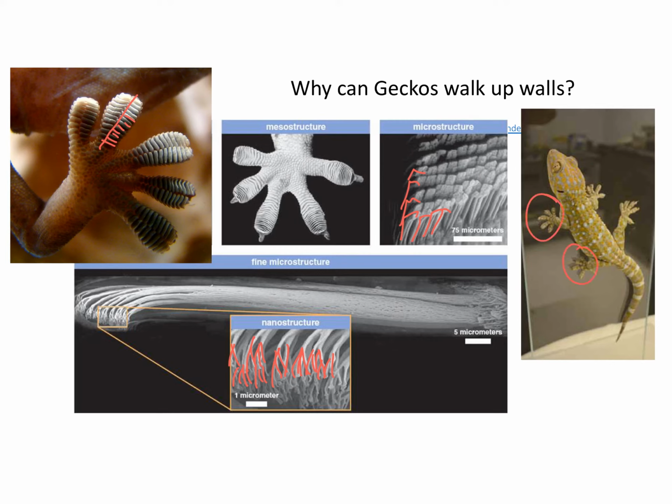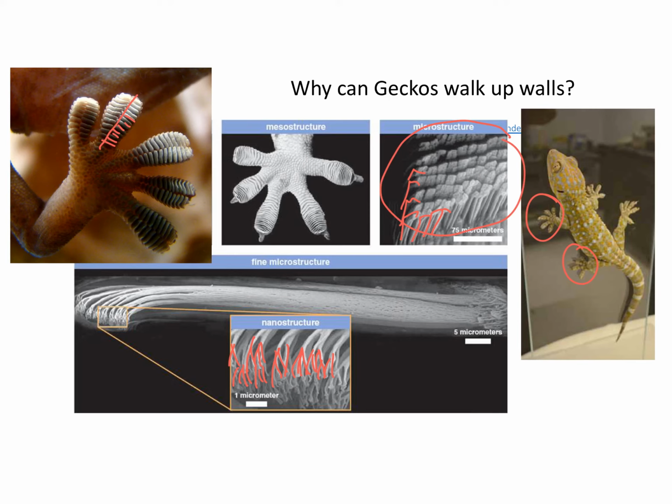There are material science labs in the US trying to understand these attractions so that a material could be put on and used to walk up the side of a building like Spider-Man, all from the microstructure geckos use every day.